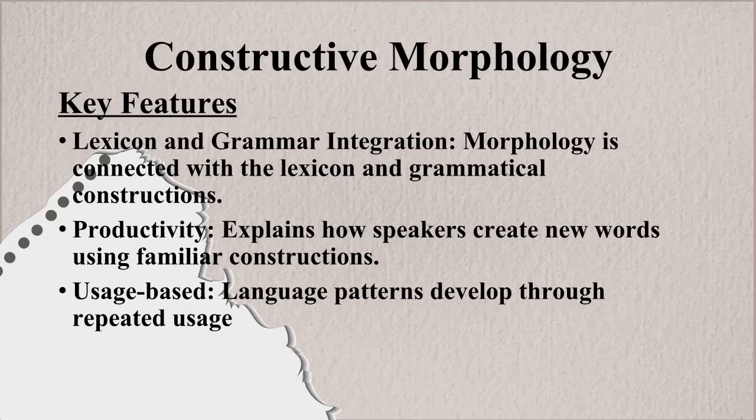This approach treats productivity as the ability of speakers to form new words by using existing and familiar morphological patterns or constructions. Lastly, in a usage-based view, language patterns are not fixed in advance. Instead, they develop and become stronger through repeated use in real communication.